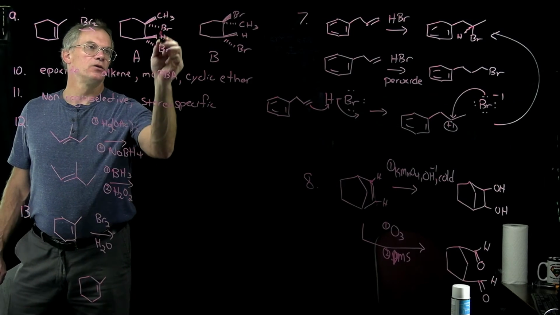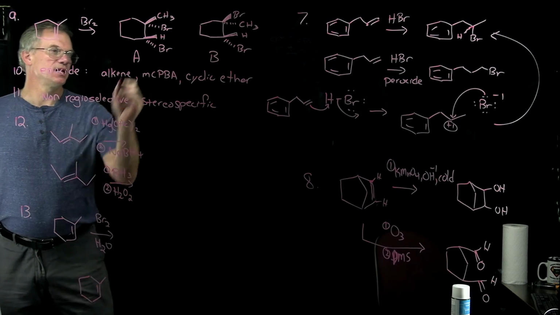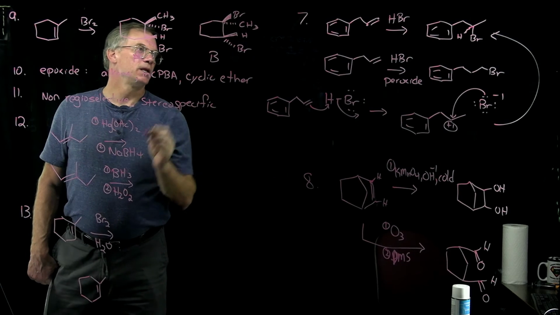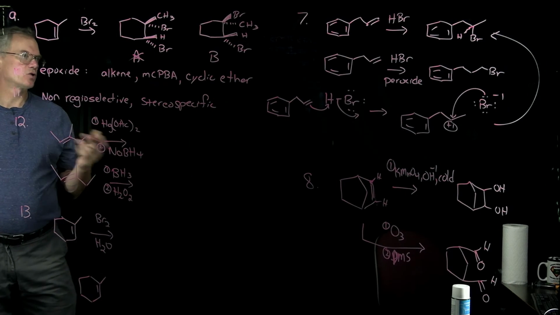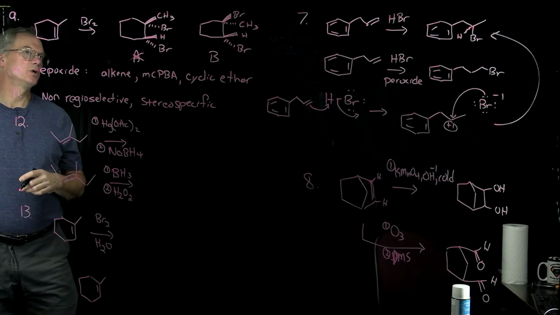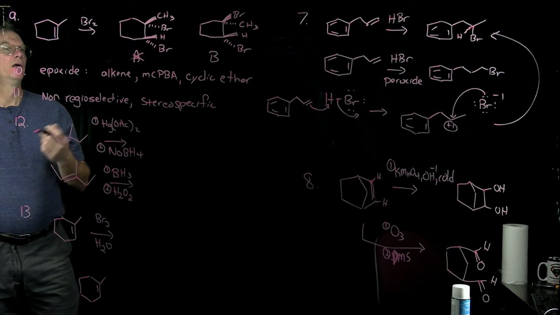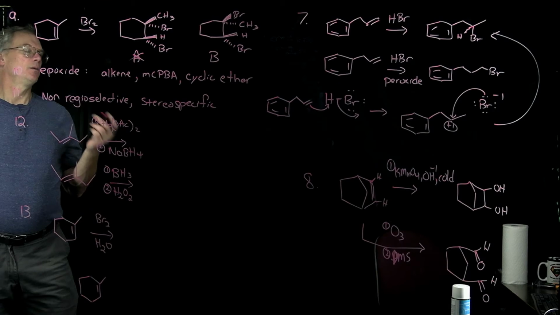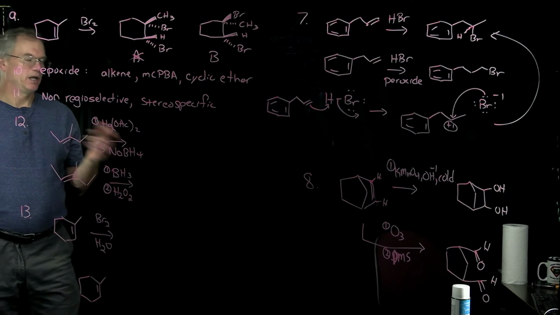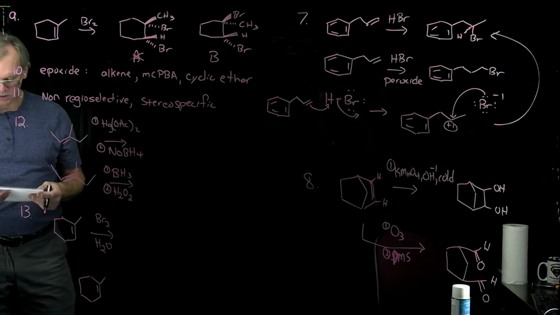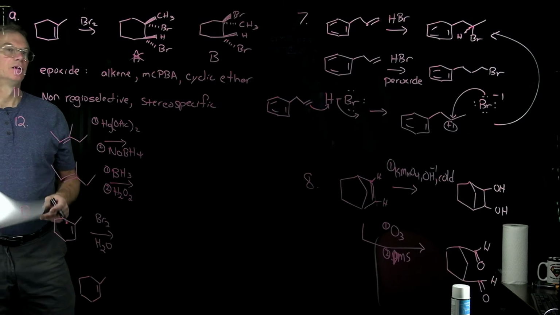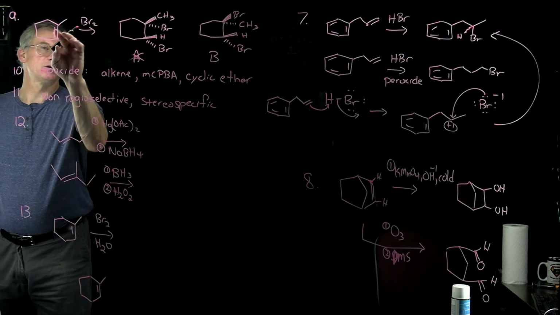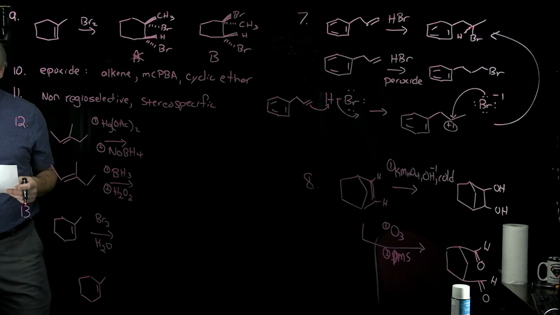So in A, those two bromines are shown as syn, so we're not going to get A. These two bromines are shown as anti or trans to one another, so you will get B forming. And recall that you also will get B's enantiomer in an equal amount. So the best answer there would be D. And in this case, there's no chance of it being meso because there's no plane of symmetry.